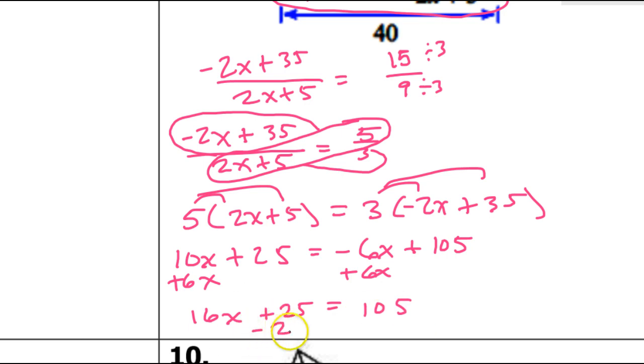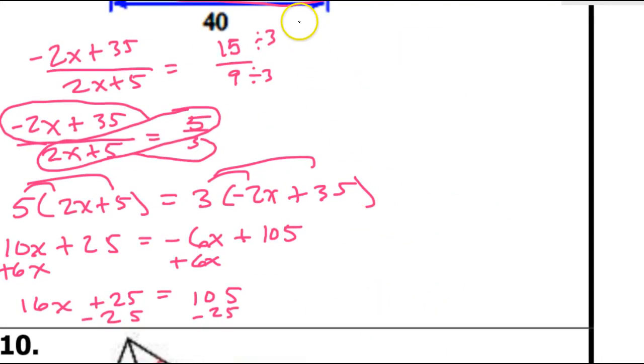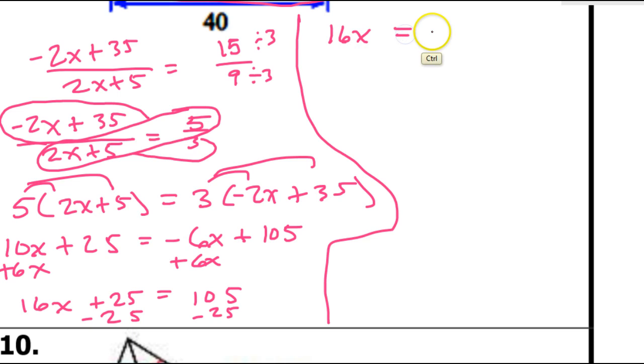Now it's time to subtract 25 from both sides. That's going to be 80. So now I will have 16x is equal to 80.